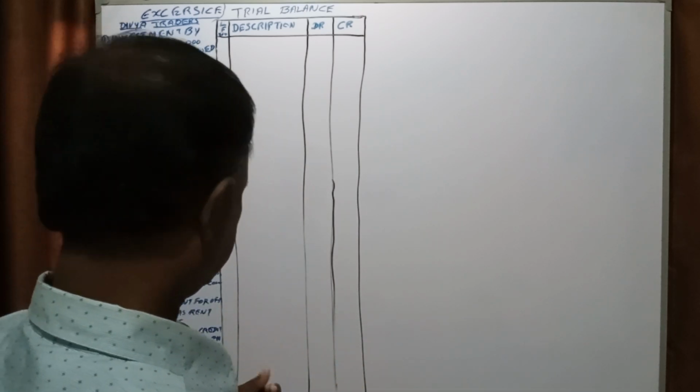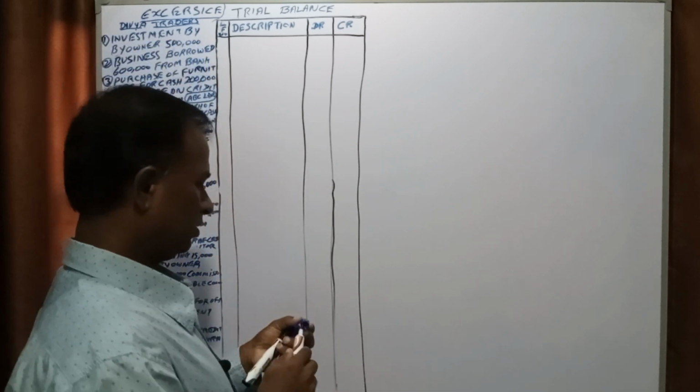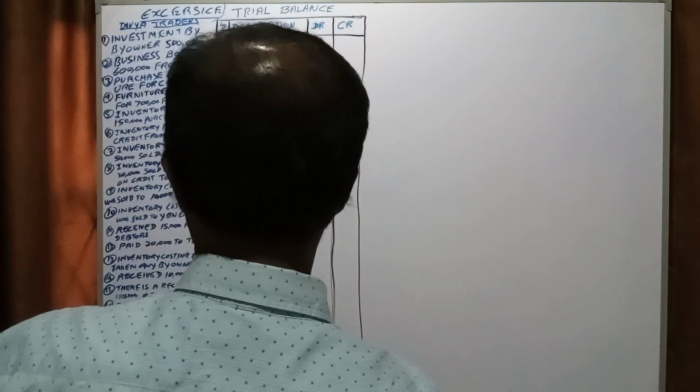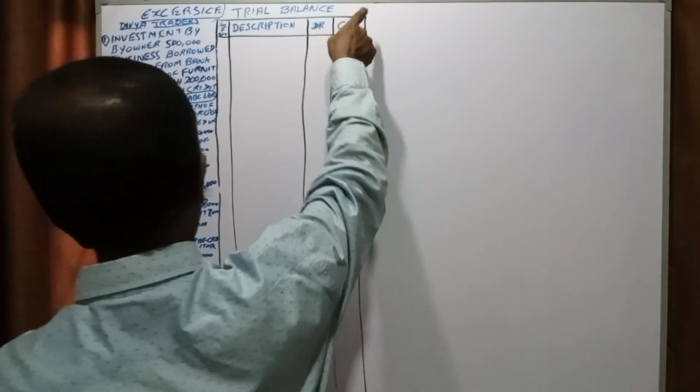After that, we can open the T accounts whatever we need. First, we have to take the trial balance of DVR Traders.